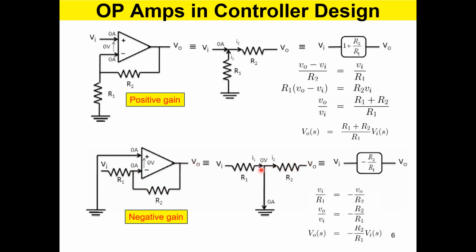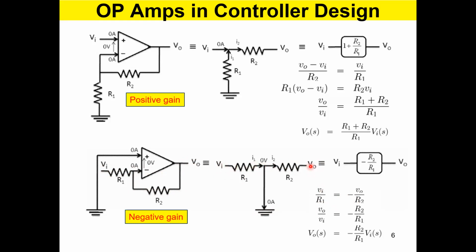So you can draw the circuit like this, an equivalent circuit. Now when you write down the equations, you can say Vi over R1, because it's 0 volts, right, is equal to minus V out over R2. So V out is actually coming into the node, right?